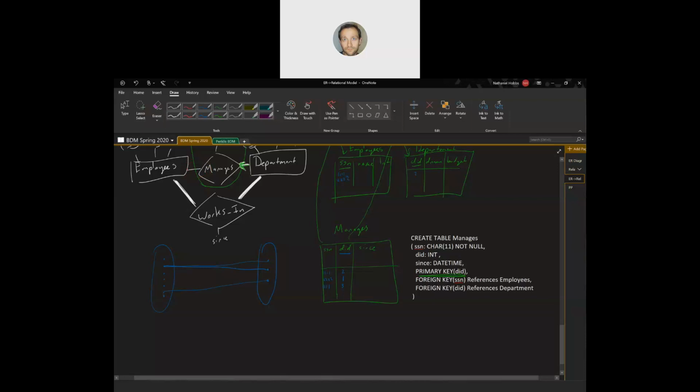But for this thick line part, so this addresses the thick line, and this addresses the arrow part of the relationship.